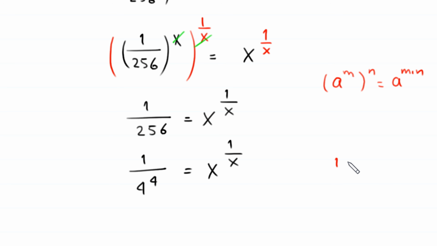Since 1 is equal to 1 to the power 4, we can rewrite this expression as 1 to the power 4 divided by 4 to the power 4 is equal to x to the power 1 over x.